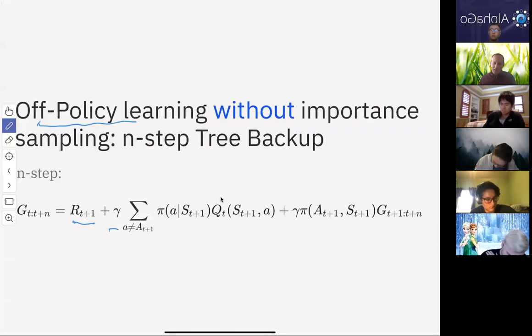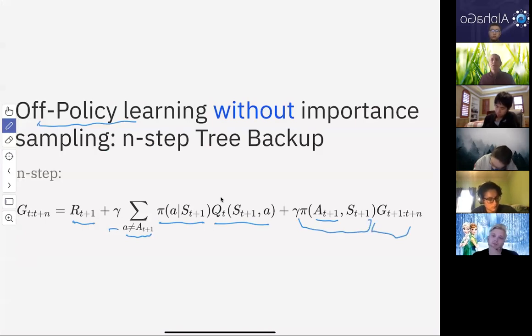And we say, okay, for every other action from this state, what's the probability of having taken it, and what is our estimate of the reward from doing that? And then for the action that was taken, this A_{t+1}, what's the probability that we did take it? And then go ahead and recursively calculate from there.